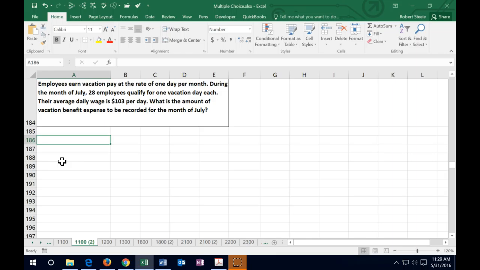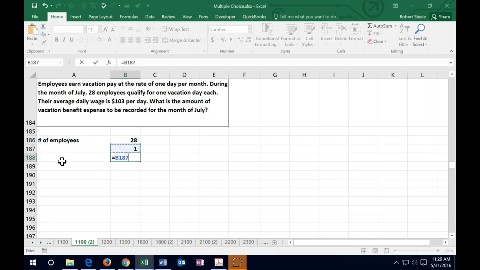We got the number of employees is 28. And they get one vacation day per month, so multiplying by 1 would just be the same 28. Each employee got 1 day and there's 28 employees. And we're saying that it's going to cost about $103 per day that they have earned.